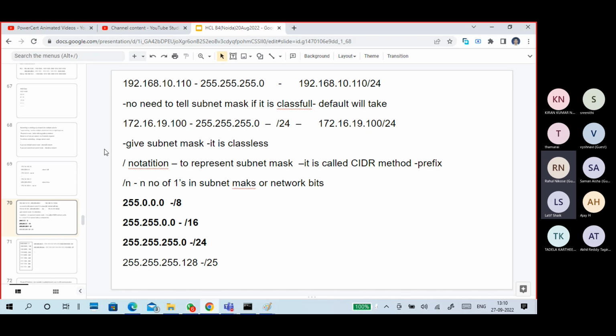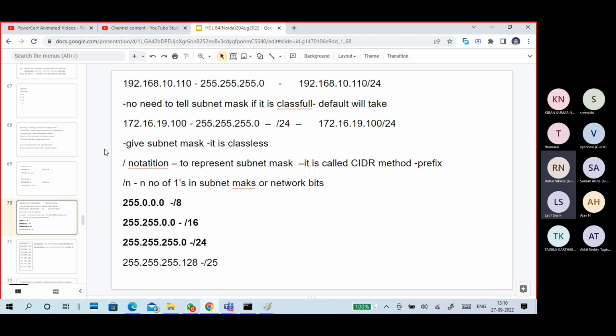Sometimes they ask to represent your subnet mask in the slash notation. So what is your subnet mask? Based on that, you have to write it. So number of ones in the subnet mask, you have to write it. I said classful. Classful means if you are using a default subnet mask, that network is a classful network.